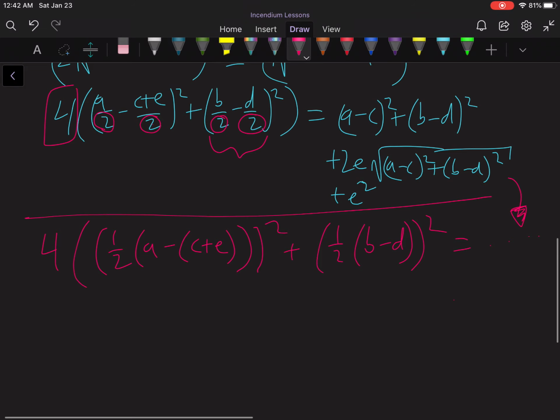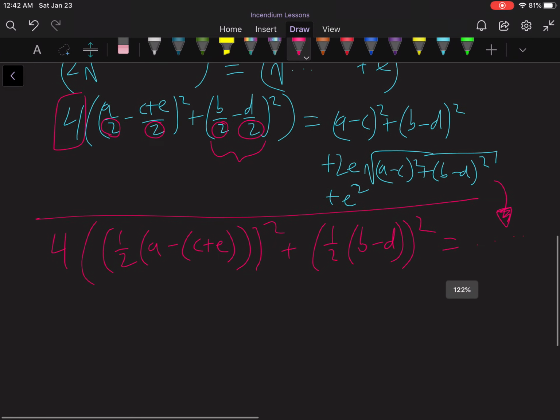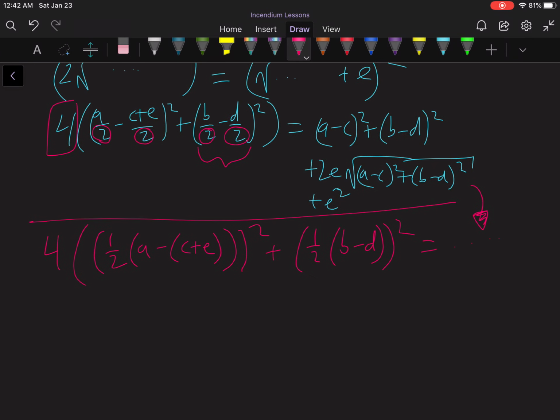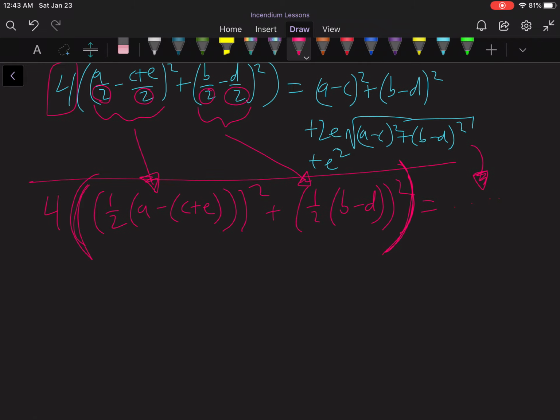And now, this is very, very interesting, because look what happens here. Oh, I forgot the bracket here, didn't I? I think so. Basically, this is this stuff, this is that stuff, and the 4 is still out in front. So look what happens now that we take this 1 over 2 outside of the brackets of the square, right?